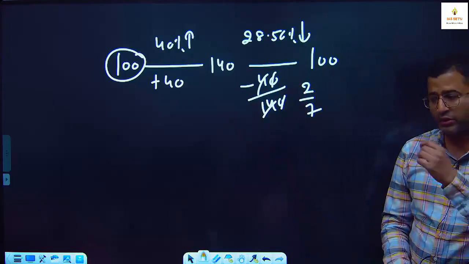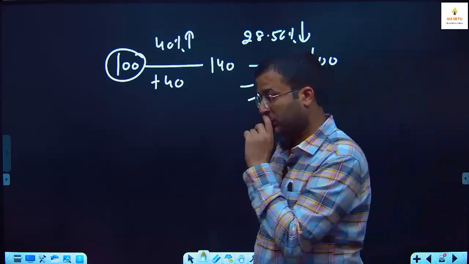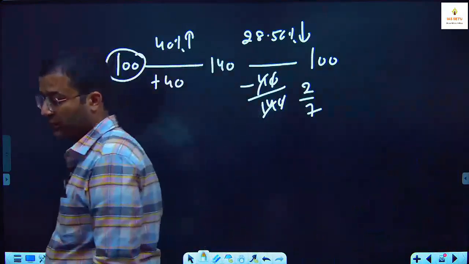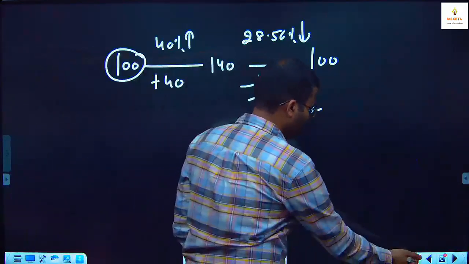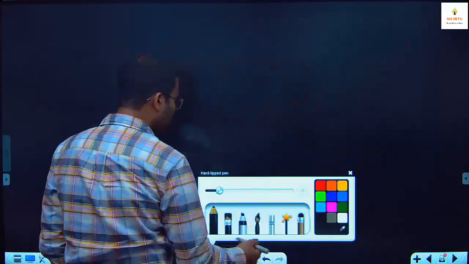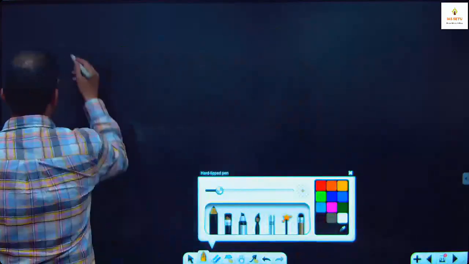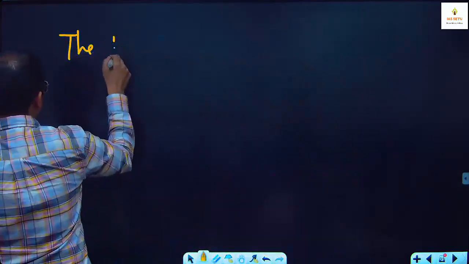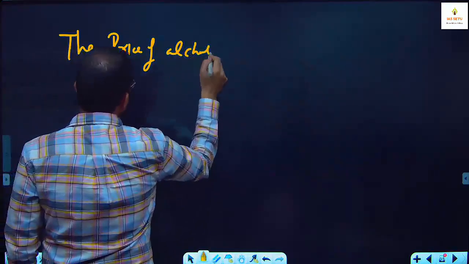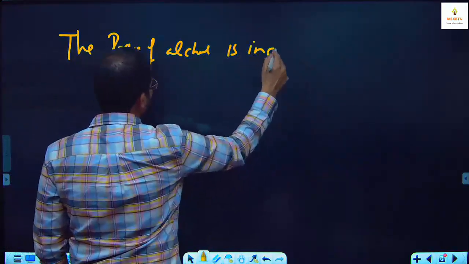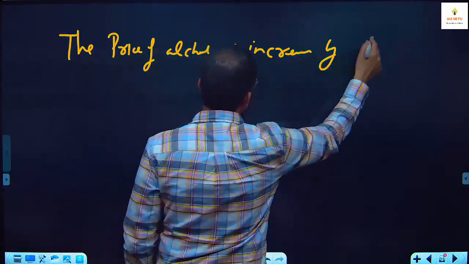Let us try one more question. यहाँ पे गलती होने के चांसेस कम है. The price of alcohol is increased by 60%.